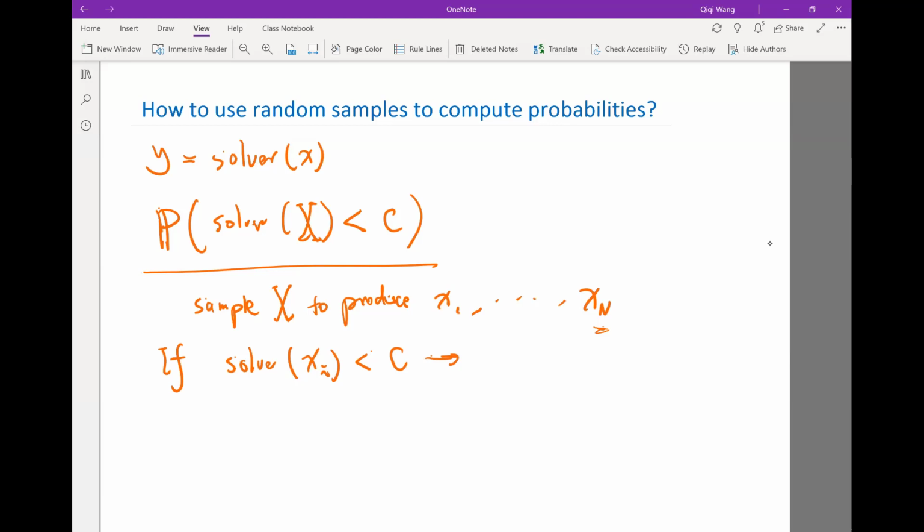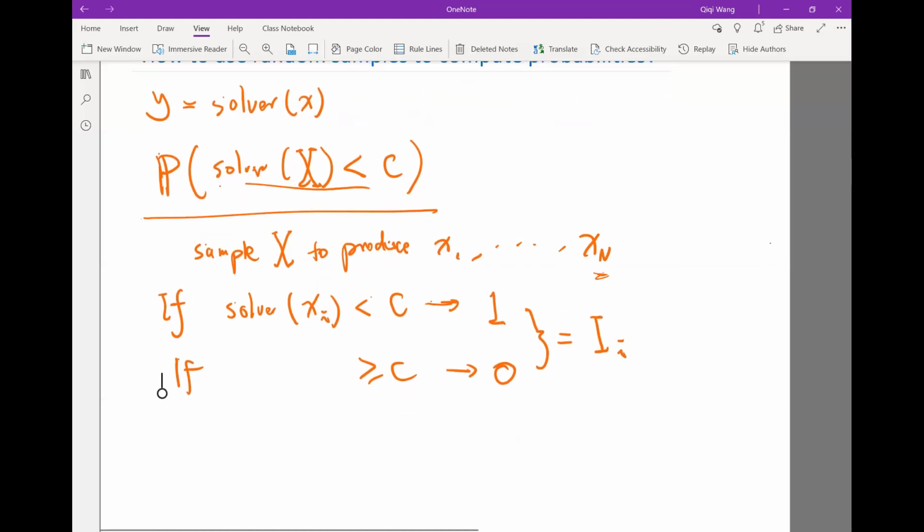If this is greater or equal, I'm going to produce a 0. So that's basically equal to, let's say, I_i. That's like an indicator of whether this inequality is satisfied or not.